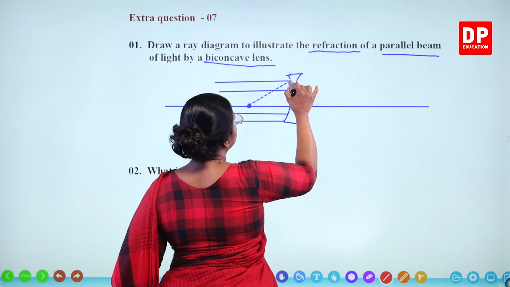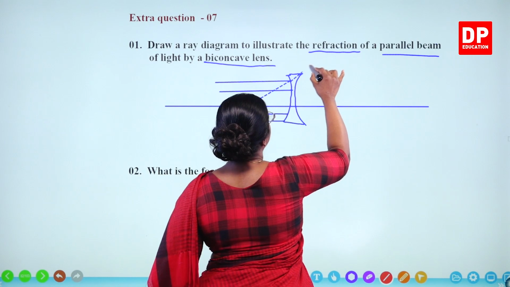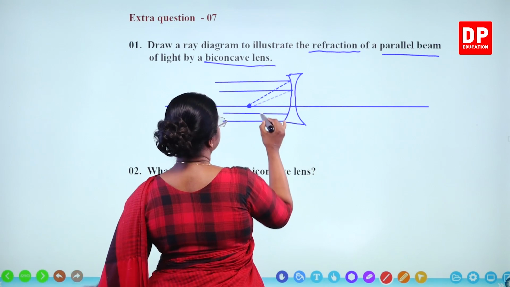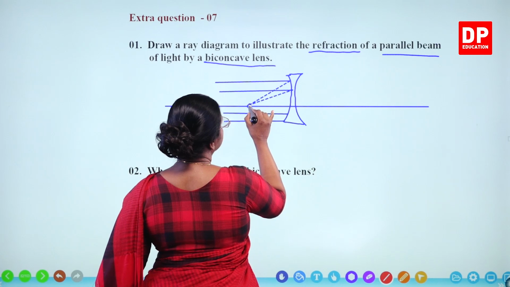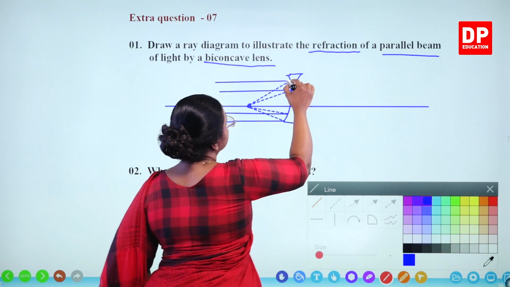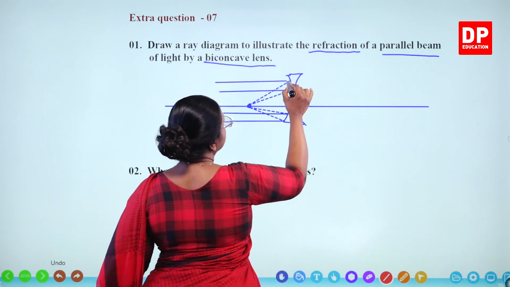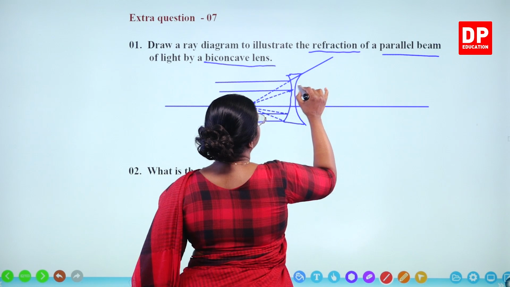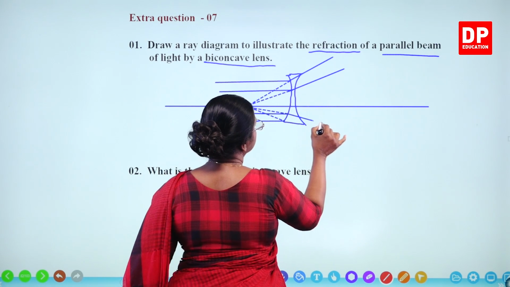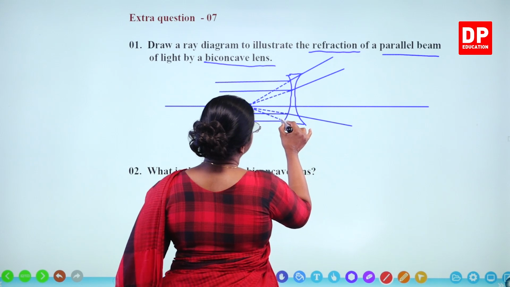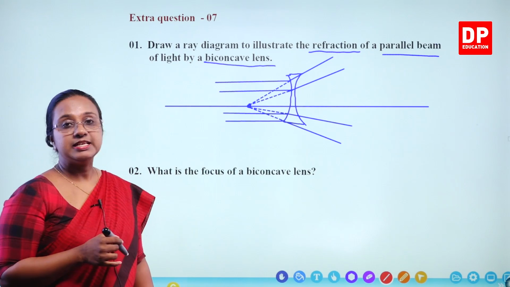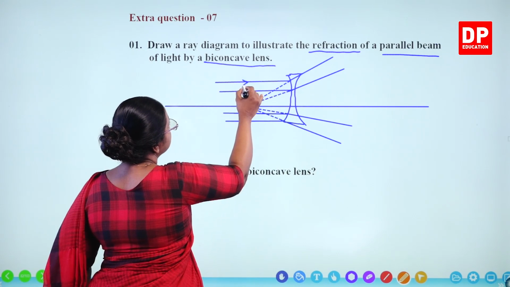So first, now this ray, then there has to be an... So here, so that is how the refraction takes place.